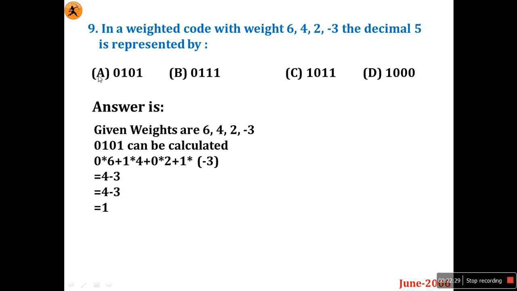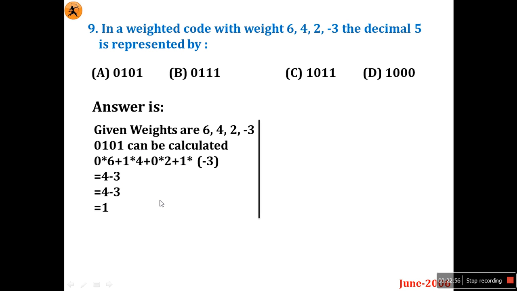Take the first option, 0 1 0 1, and calculate: 0 into 6, just multiply the binary number by the weights, 1 into 4, 0 into 2, 1 into minus 3. Multiply with the weights, then you get 4 minus 3 is 1, but decimal 5 is required, so the answer is not this.